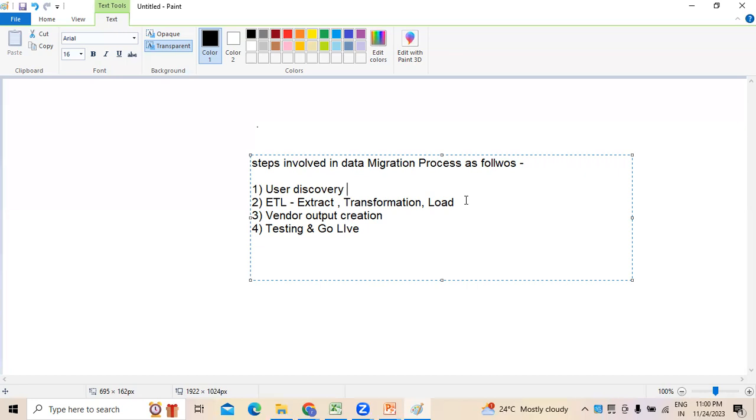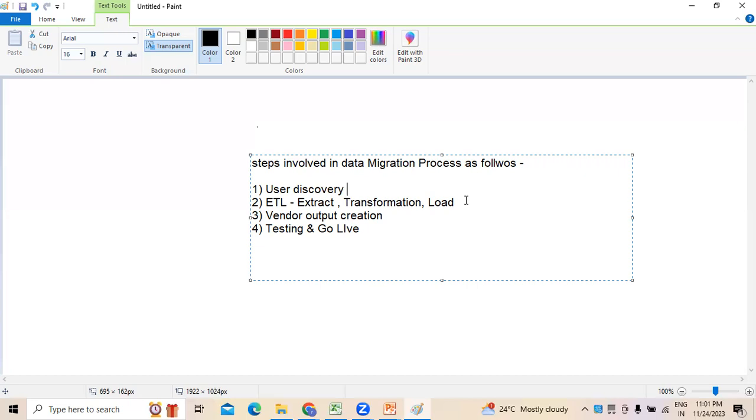Now you can write down the different payer core administrative products we have. Of course we are focusing more on Facets, but it is important to know about others also. One is Athena Health. Next is HealthEdge.